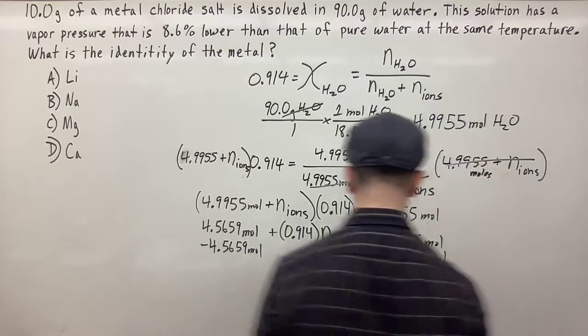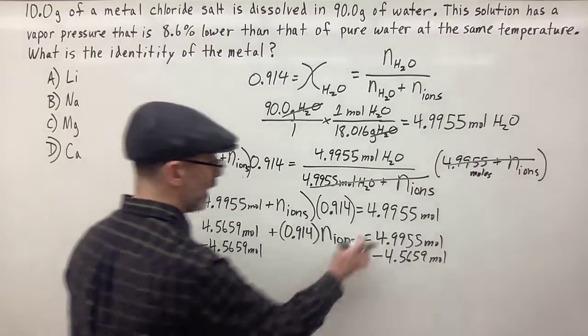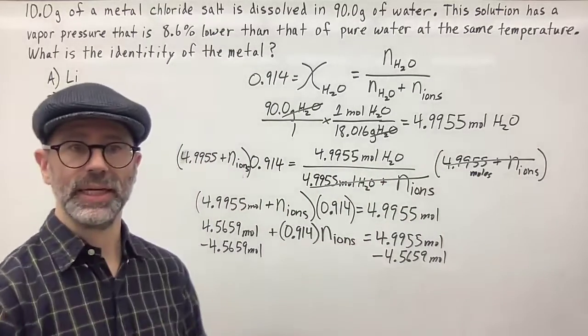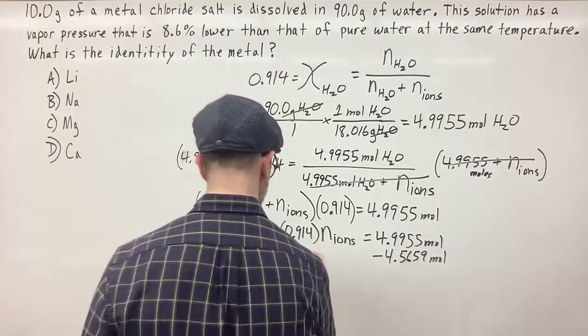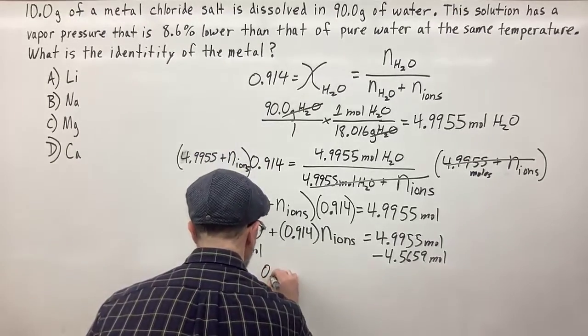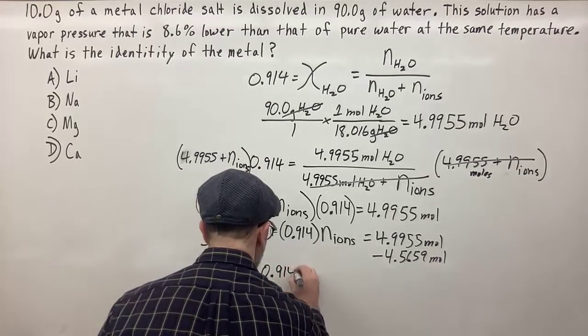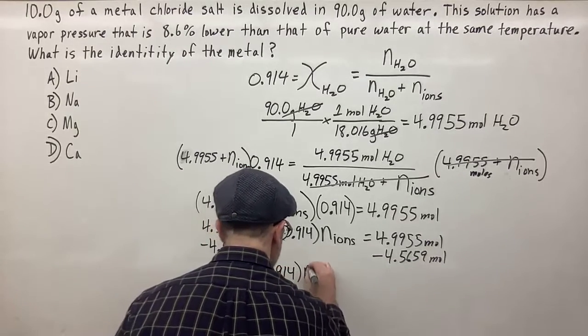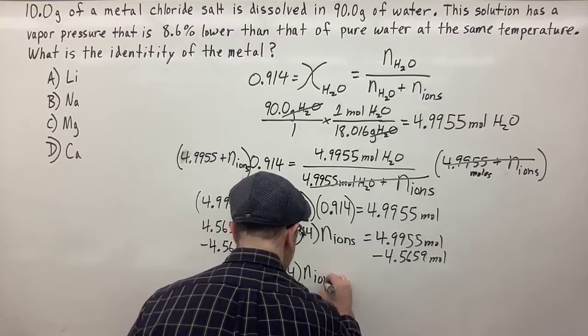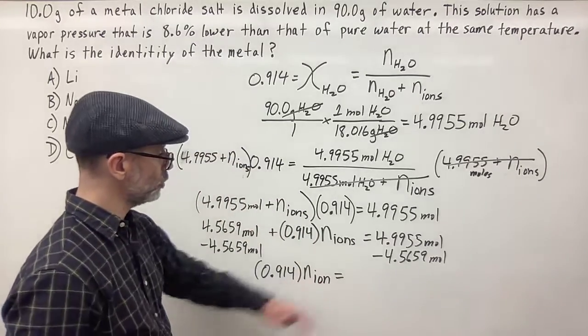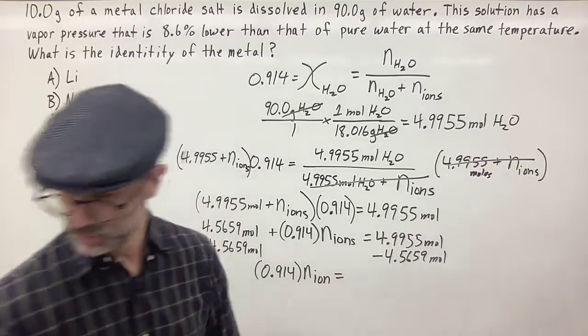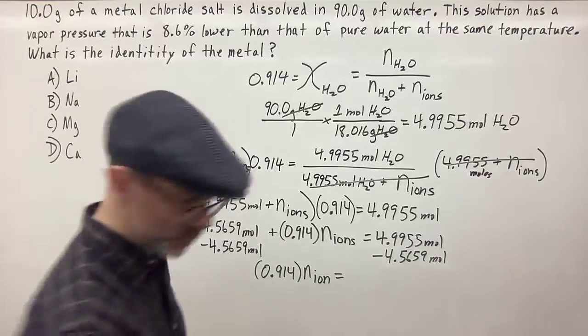So when I subtract those, I'm going to get 0.4295. So 0.914 times N for the ions, the number of moles of ions, is going to be equal to, what did I say? 0.4295.